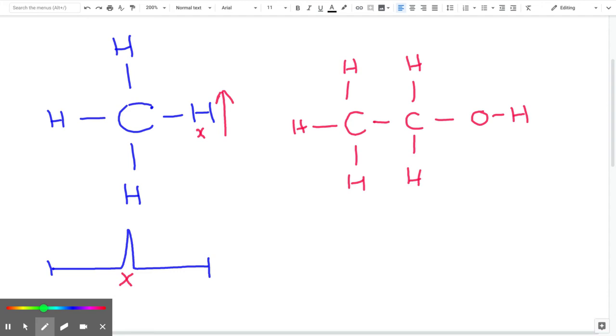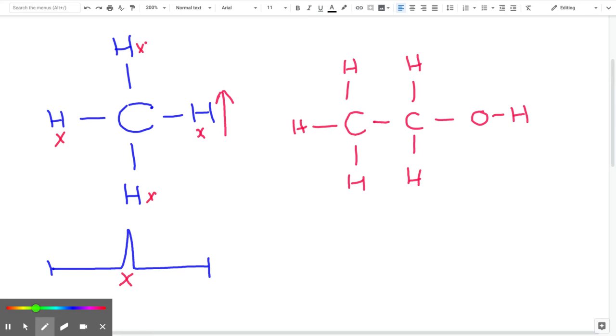So whereas in methane, each proton was identical, we'll call them all X, within an ethanol molecule, these protons are now no longer the same. However, they can be grouped together with equivalent protons, as they're called.